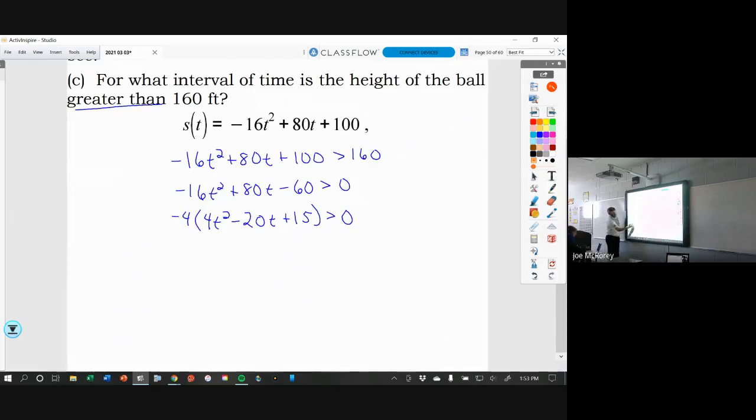So starting off with the discriminant, b squared minus 4ac. That would be negative 20 squared minus 4 times 4 times 15. 400 minus 240.